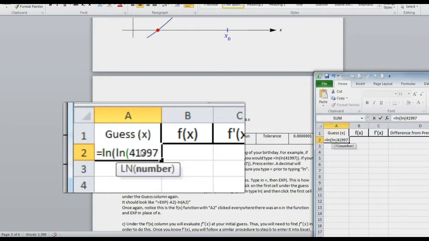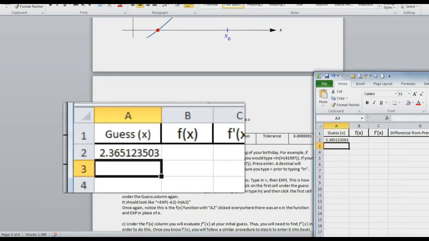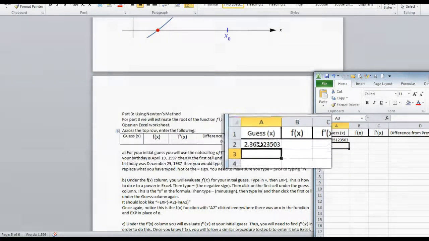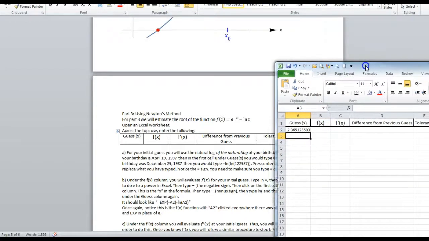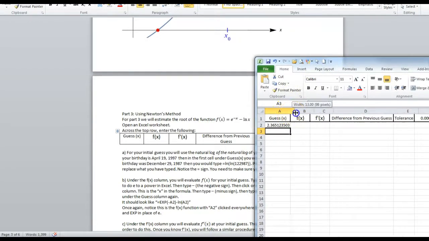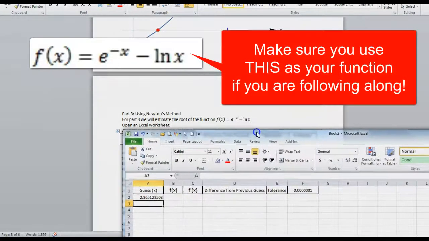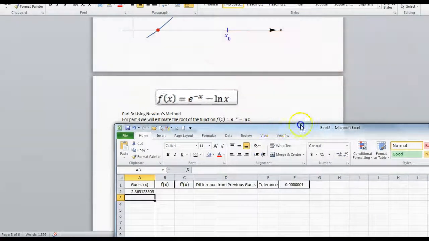Oops, I didn't close my parentheses. So you hit enter. It's always going to give you a number between 2 and 3 for all of these. So that's my original guess. That's what you guys are doing, that function on the project.